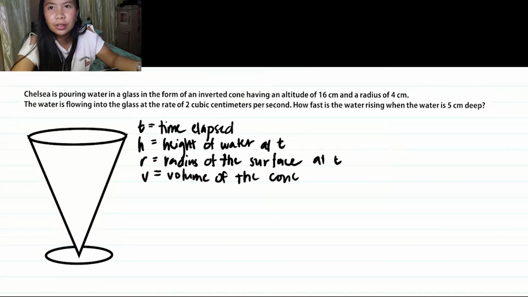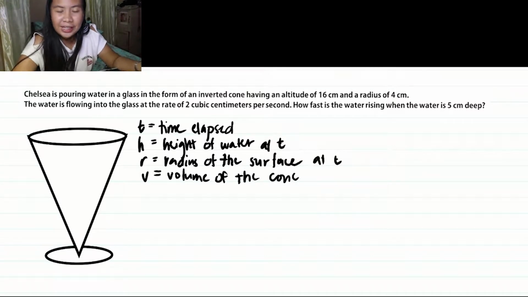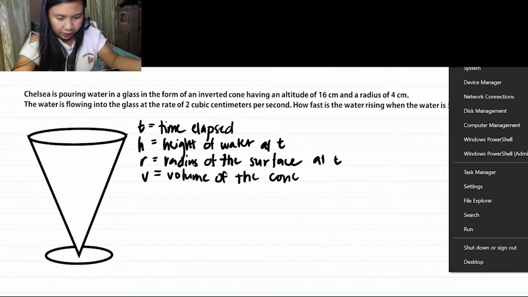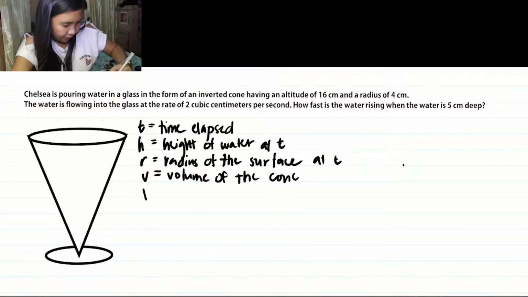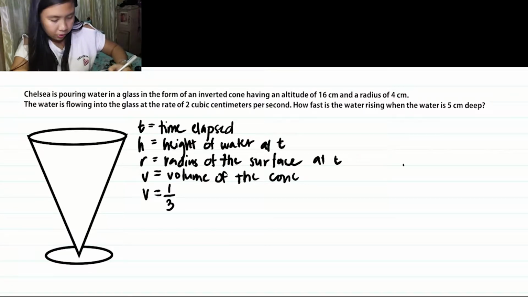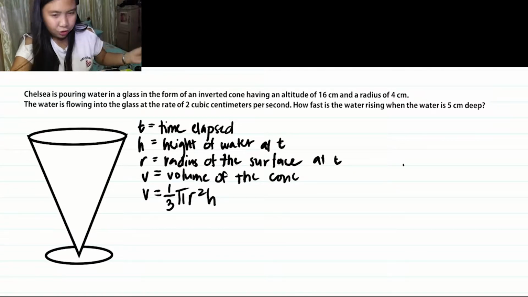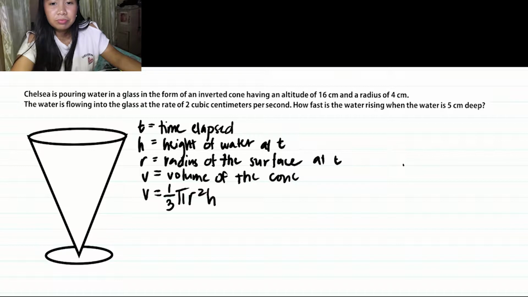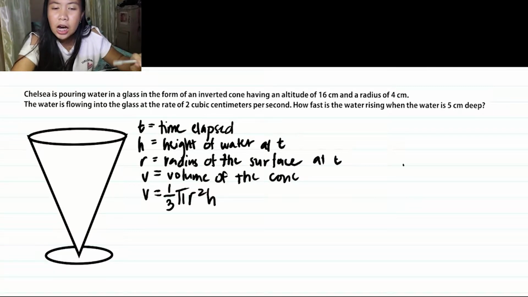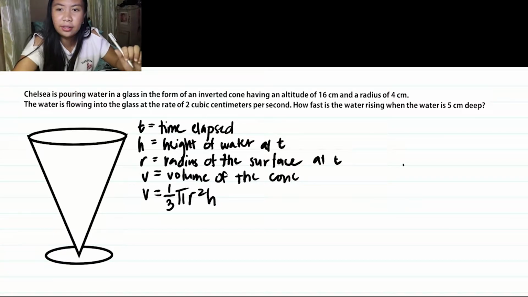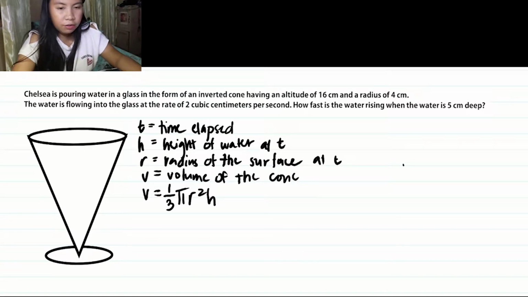Now, the formula for the volume of a cone is V equals 1/3 pi r squared h. We know that V, R, and H are all functions of T because water is flowing into the glass at the rate of 2 cubic centimeters per second.